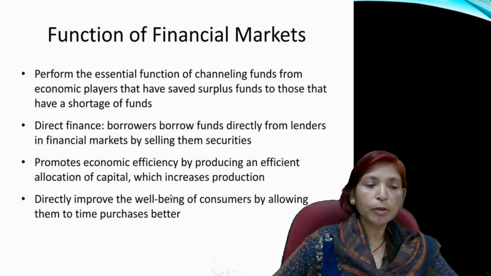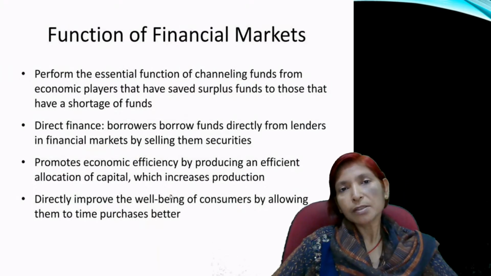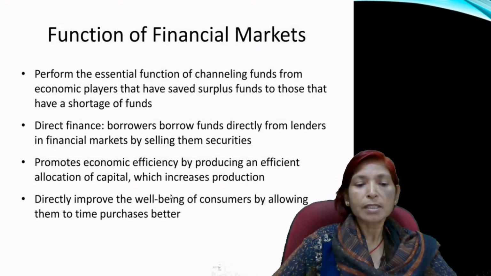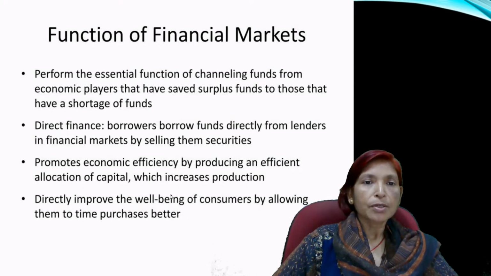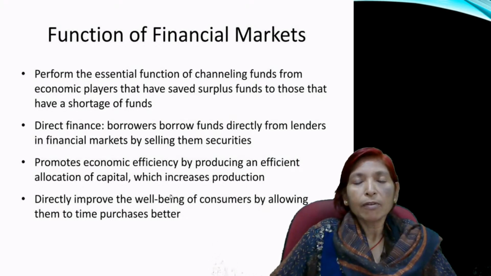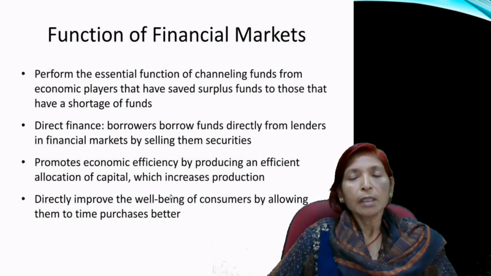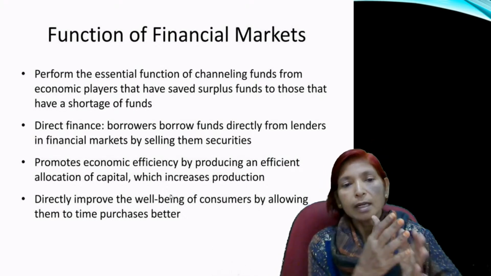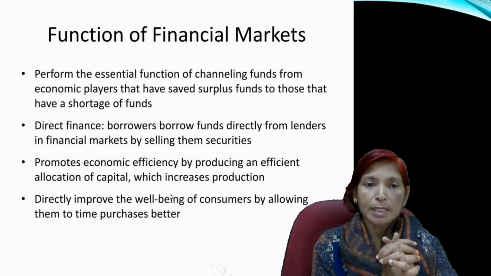And it directly improves the well-being of the consumers by allowing them to time purchases better. So financial markets play a very important role between surplus of funds and shortage of funds.